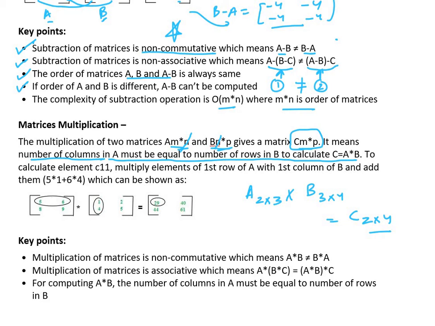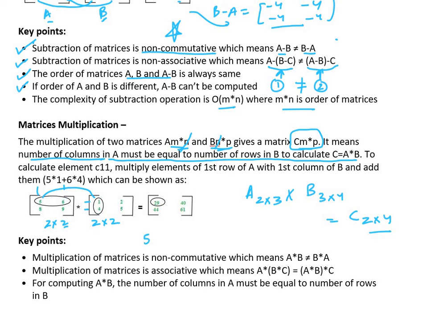As we have already taken here, we have a matrix of 2 by 2, and here again we have a matrix of 2 by 2. So the number of columns of A is 2, and the number of rows of B is also 2, so we can multiply it. How we will multiply is basically we'll multiply 5 with 1.